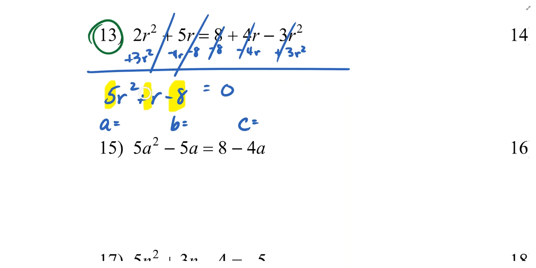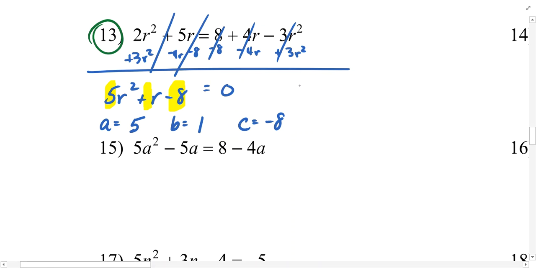So really I should have the number 1 highlighted here, not the letter r. So our a value is 5, our b value is 1. Whether you wrote it or not, there's an implied 1 that multiplies by this r. And our c value has to be negative 8. Keep in mind that the symbol, plus or minus, in front of the number is part of that number itself.